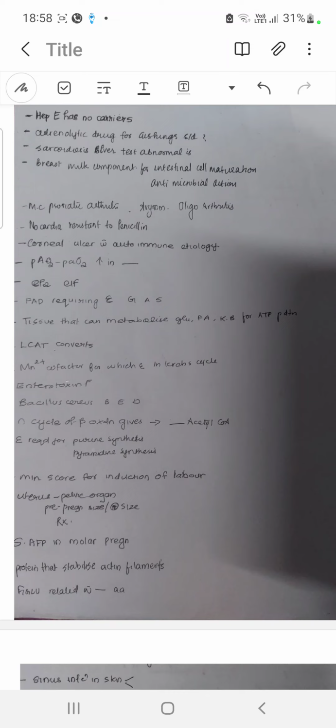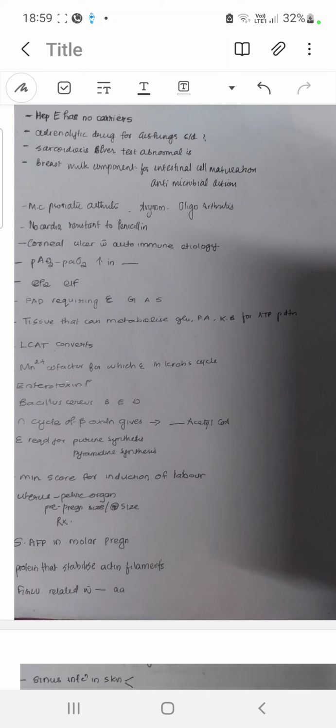EF2 is for elongation factor. EIF is initiation factor. Next, FAD requiring enzymes: glycerol phosphate dehydrogenase, acyl-CoA dehydrogenase, succinate dehydrogenase.